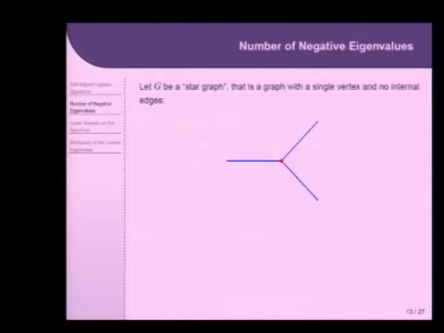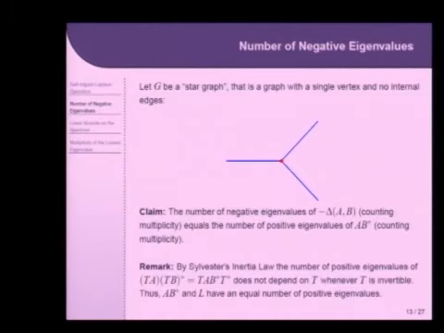So we have actually a non-compact graph in this sense. And we ask the question: what is the number of negative eigenvalues on this simple graph? And the answer: the number of negative eigenvalues is precisely the number of positive eigenvalues of the operator A B star.